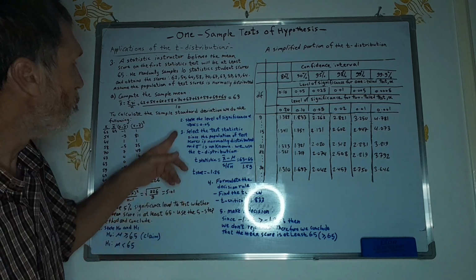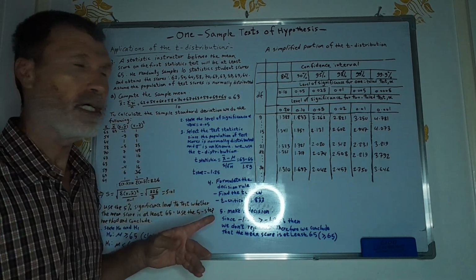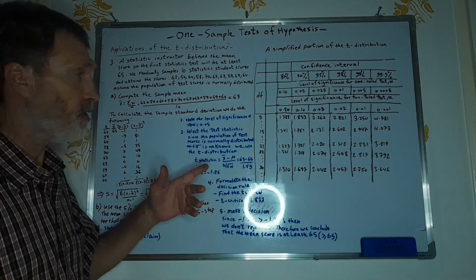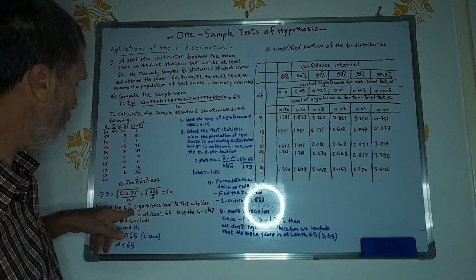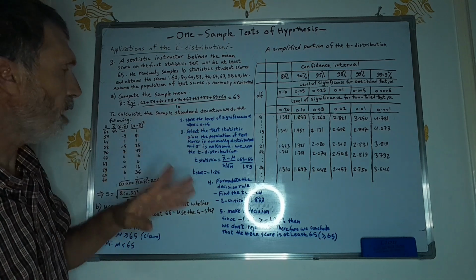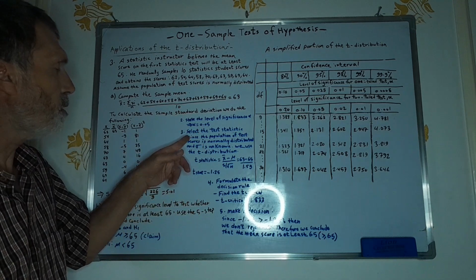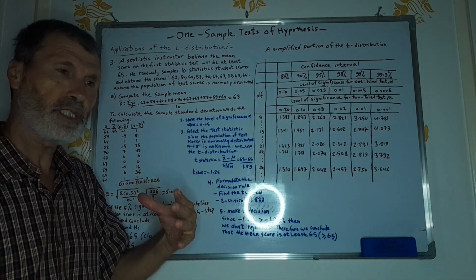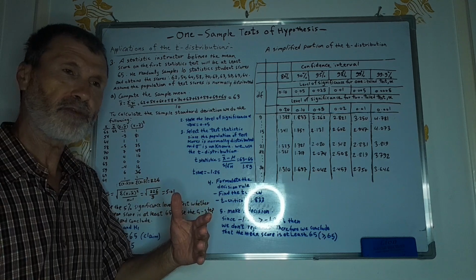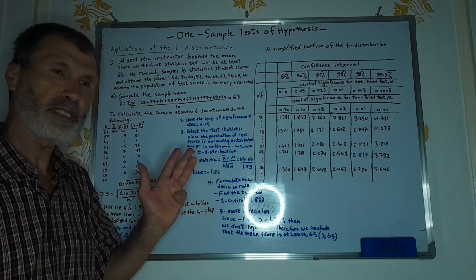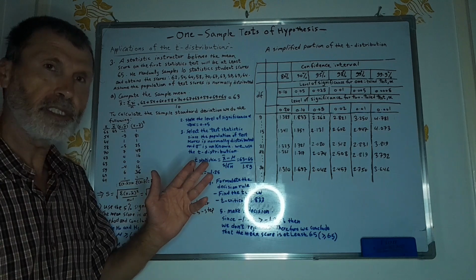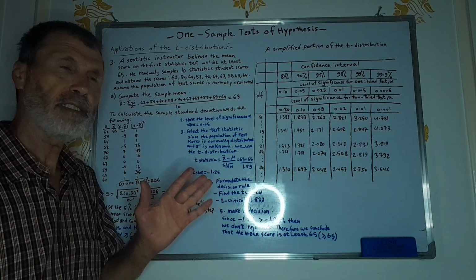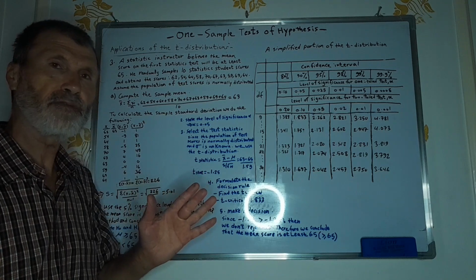Now we move to the second step, which is to state the level of significance alpha, which is already stated here, 5% or 0.05. Now we move to the third step, which is select the test statistic. We use the t statistic because, first of all, the population of test scores is normally distributed, and second, the population standard deviation is unknown.